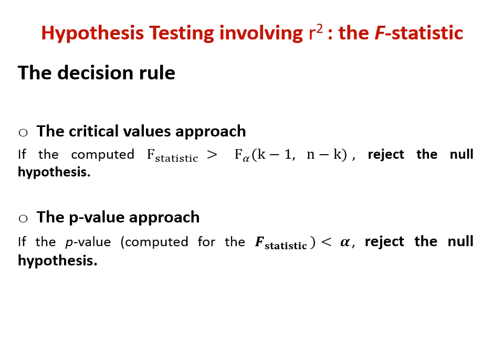As before, we are going to use both the critical value approach and the p-value approach. With regard to the first approach, if the computed F statistic is greater than its critical value obtained from the F table, then reject the null hypothesis. Alternatively, if the p-value computed for the F statistic is lower than the pre-specified level of significance, reject the null hypothesis.